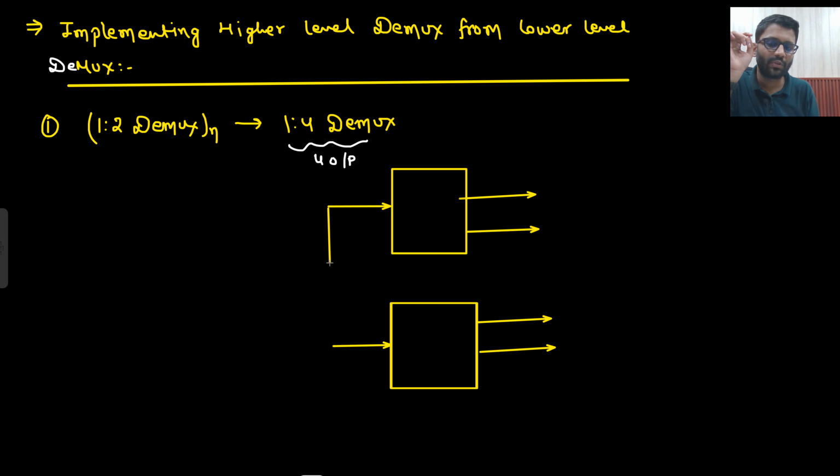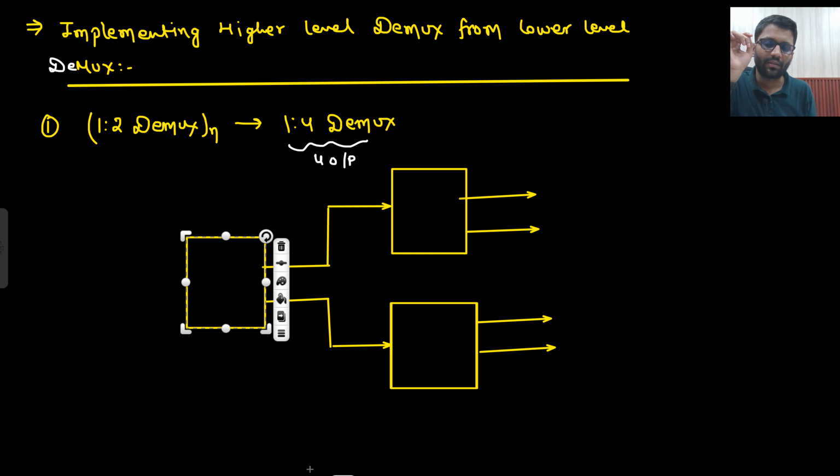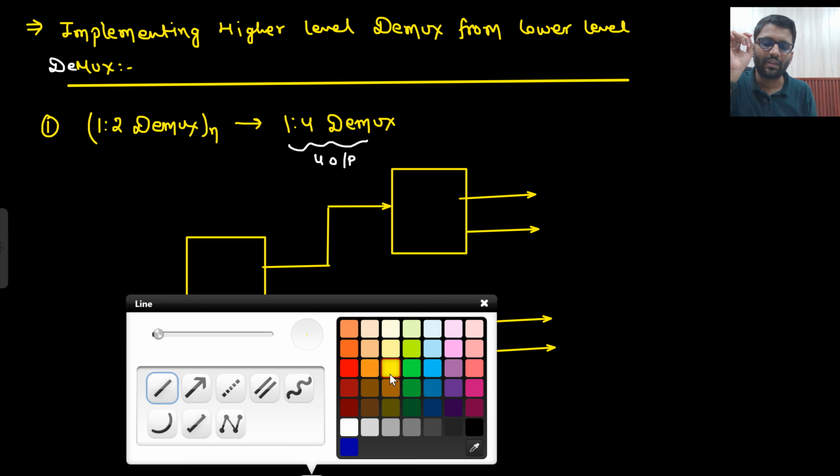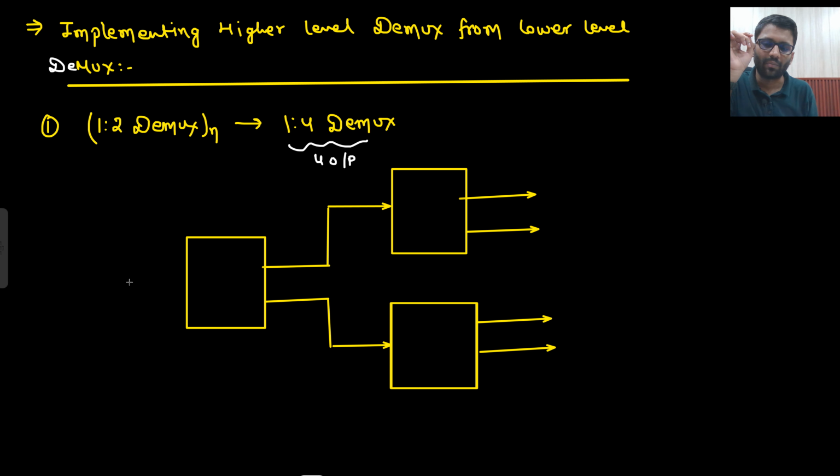That means these 2 inputs will work as the outputs of another 1:2 demux, right? And this will be their input. 1:2, 1:2, 1:2. They will have select lines.